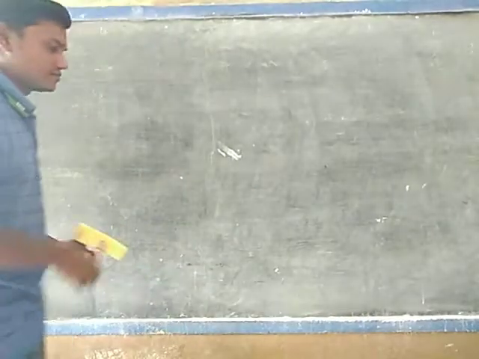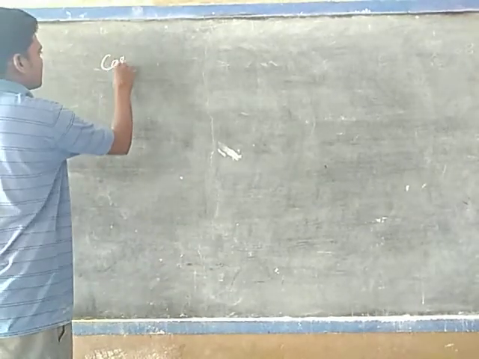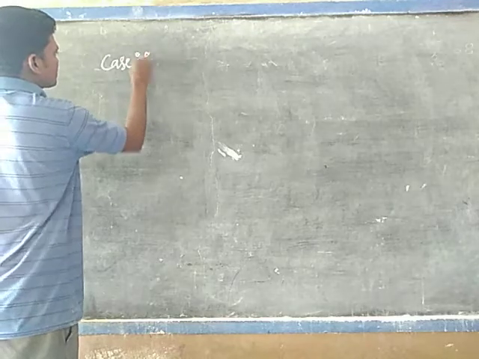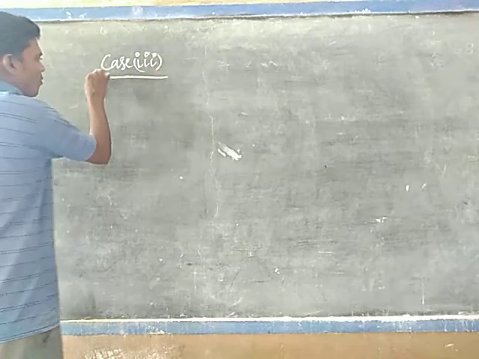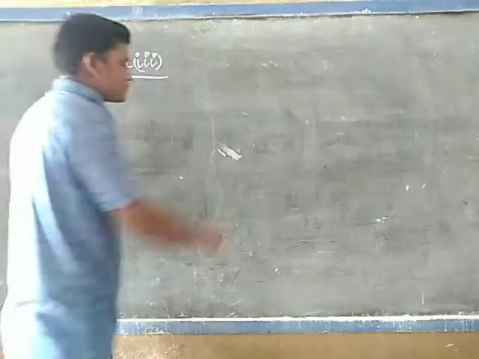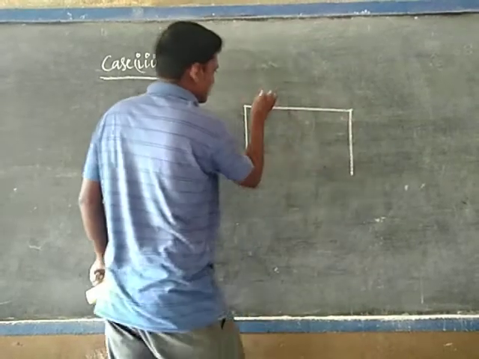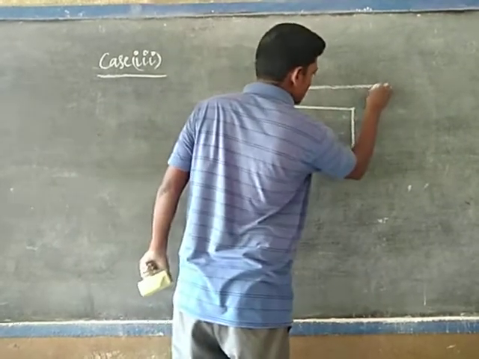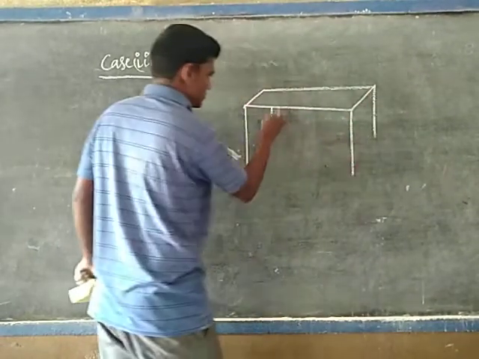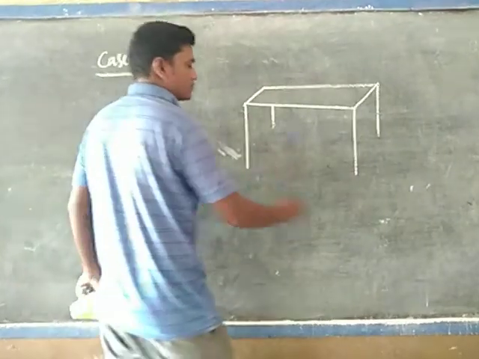And one more case is also there. We discussed that. Case number 3. What does case number 3 mean? So it is a table.